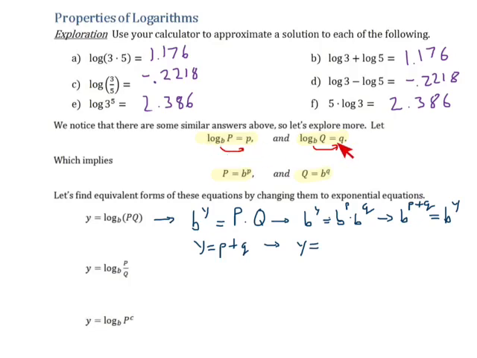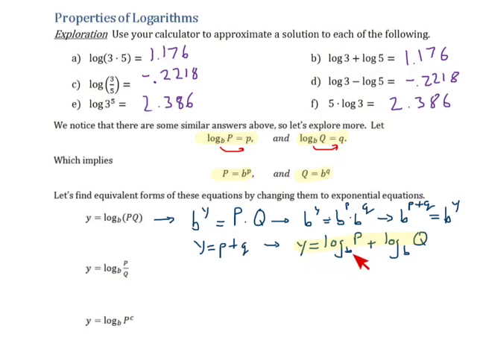Little p and little q are these logarithms. So we end up with log base b of capital P plus log base b of capital Q. All right, so we've proven that this is true.